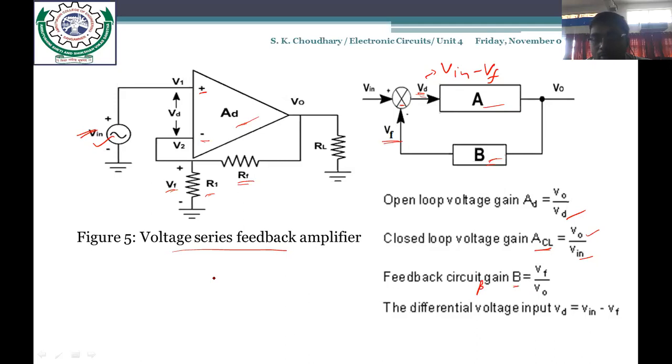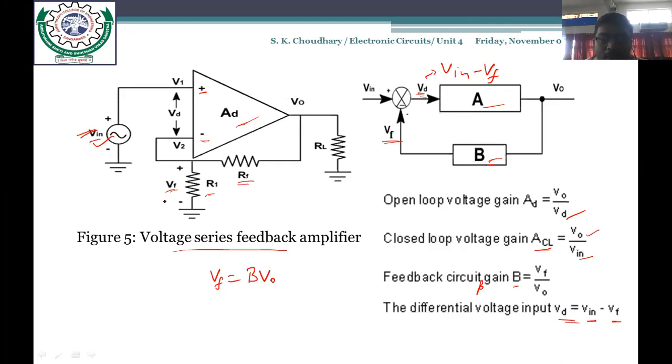So you can also say that Vf is equal to B V0. And B would always be between 0 and 1, meaning Vf would always be less than V0. The differential input is Vd equal to Vin minus Vf. It is also a very important term. So here Vd is Vin minus Vf, the voltage drop across R1.